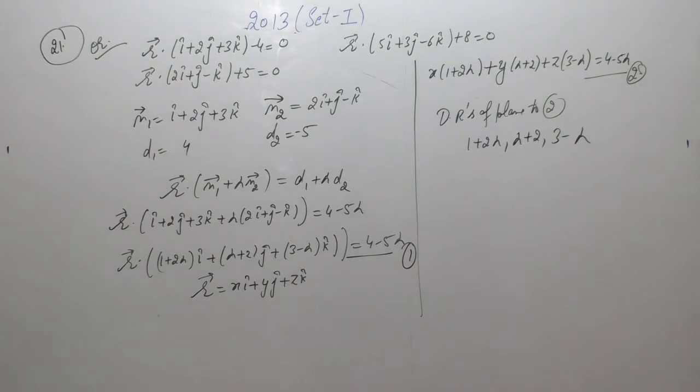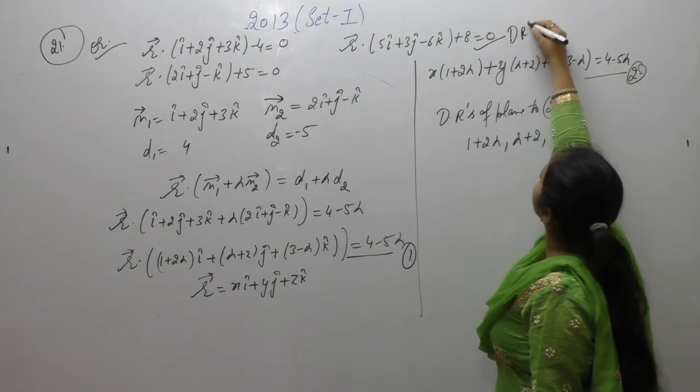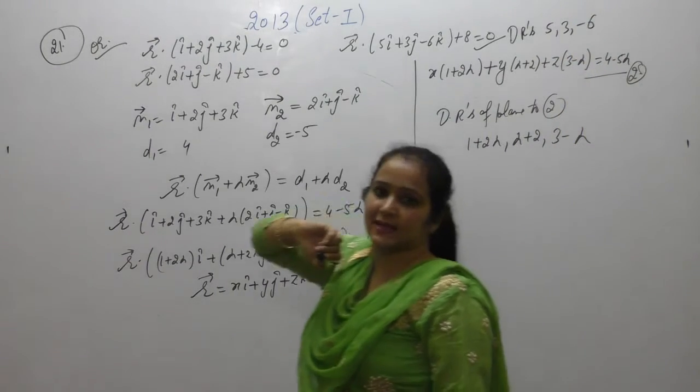Now we want to find the vector equation. The direction ratios of the normal to the given plane are 5, 3 and minus 6.